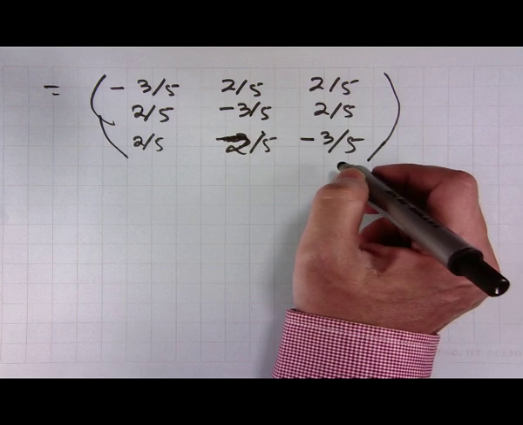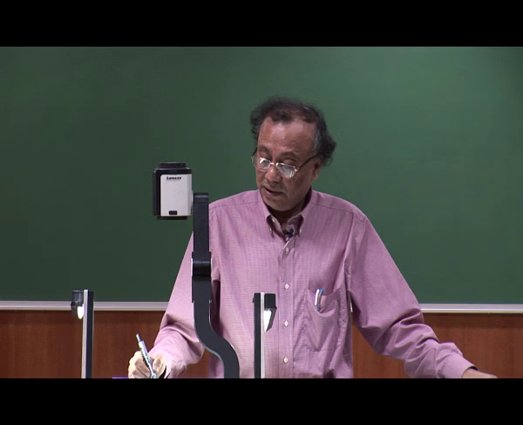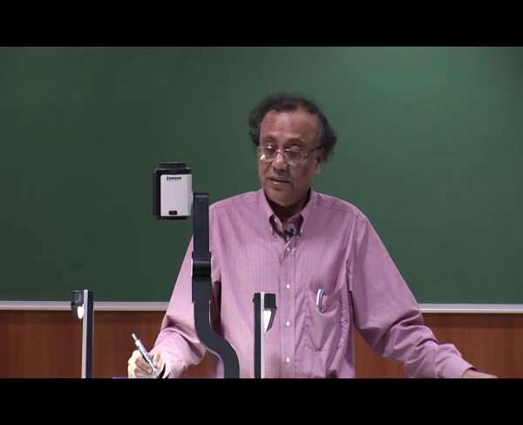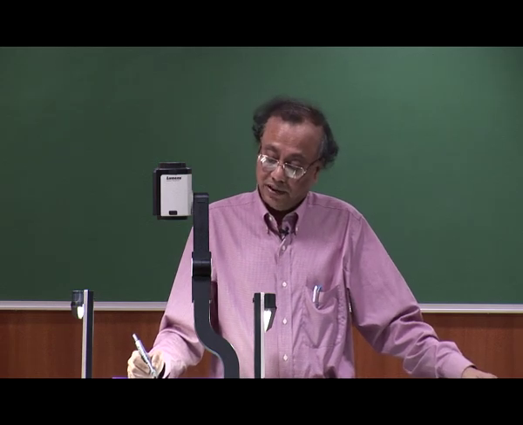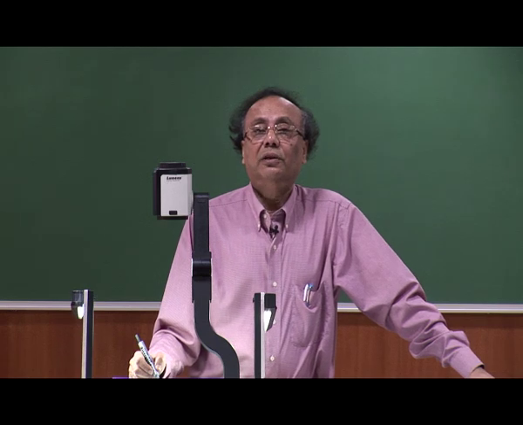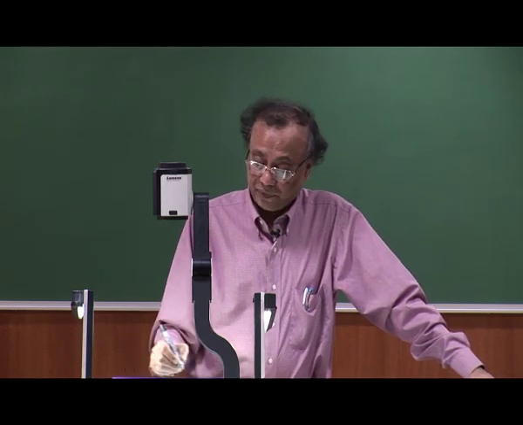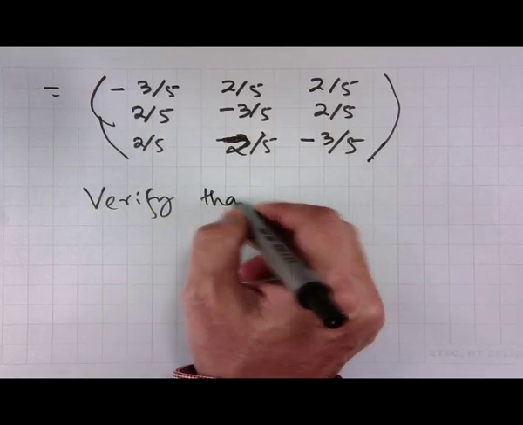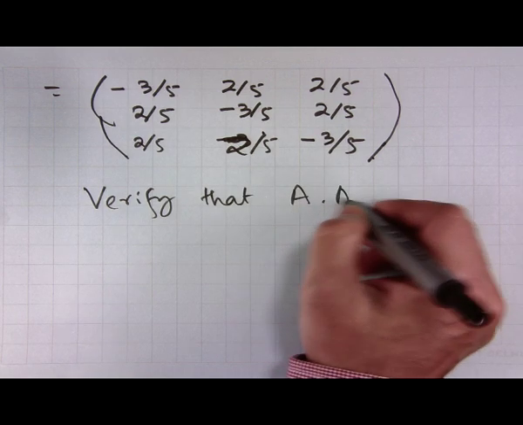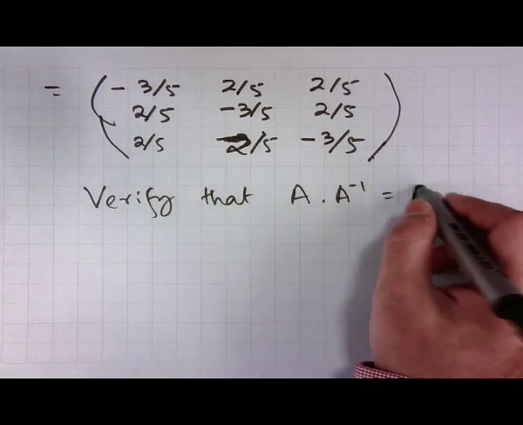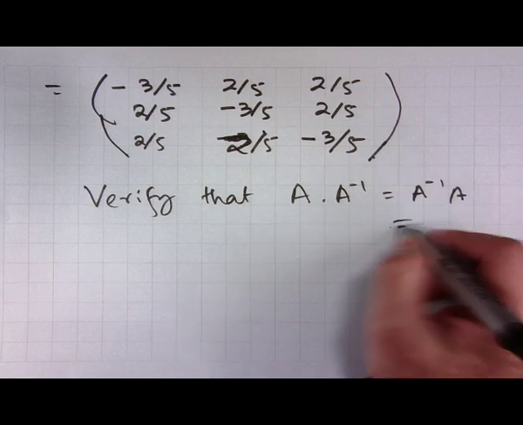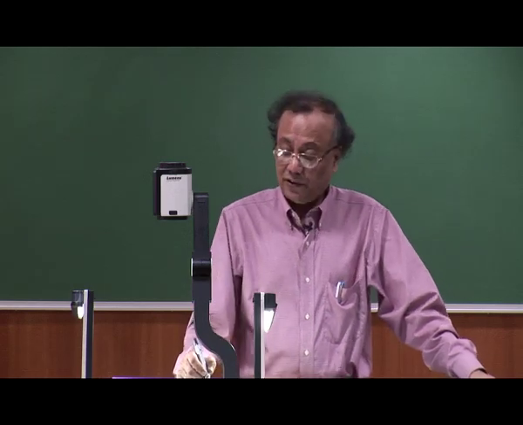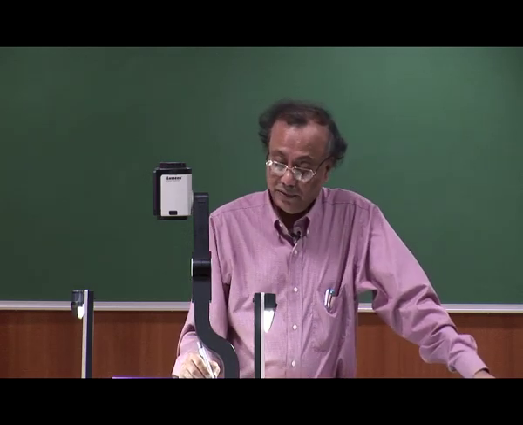So, once a matrix equation is given like this, we could very easily compute the inverse of the given matrix A. I want you to verify A into A inverse is equal to A inverse A is equal to identity. I finish this lecture with a tricky question.